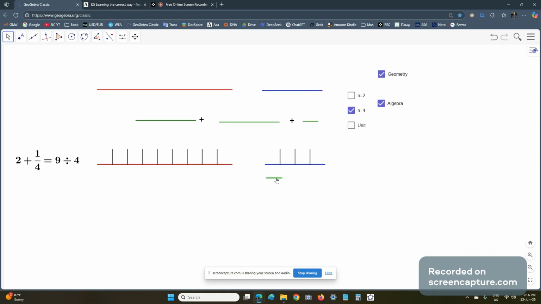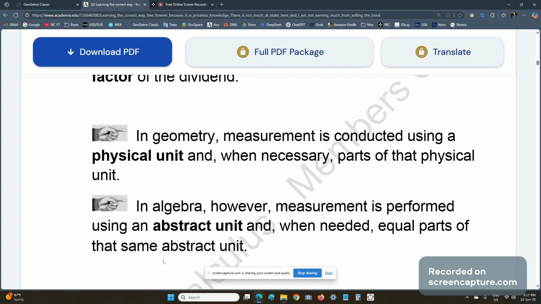And what is it exactly? It turns out to be 1/4, right? It's 1/4 of this line, right? So it doesn't matter how many equal parts you divide this section into, because in algebra, when you measure, you use the abstract unit and equal parts of the same abstract unit, okay?